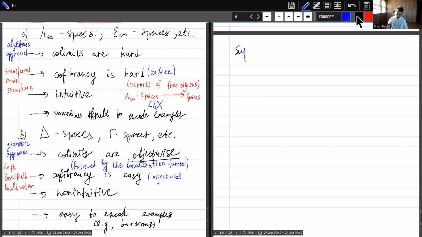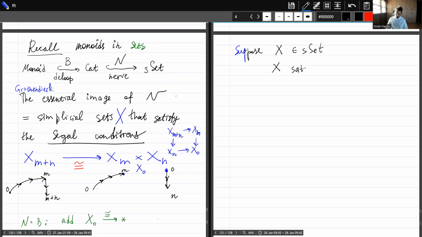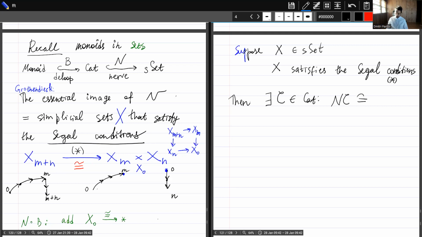So suppose X is a simplicial set, and X satisfies the Segal conditions, so these ones, the fact that this map has to be an isomorphism, then there is a category C whose nerve is isomorphic to X, and C is very easy to construct.